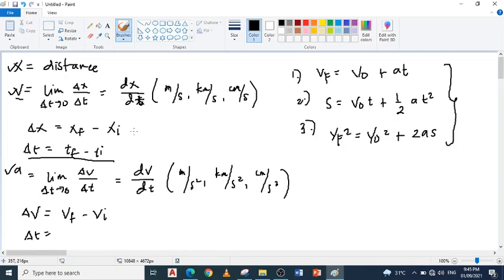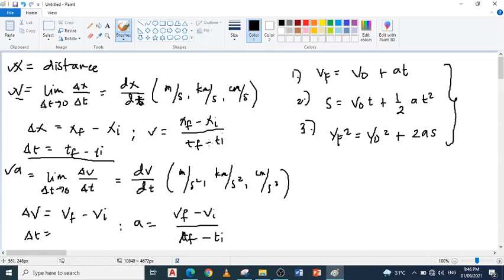So, meaning, yung velocity natin can be solved using xf minus xi divided by Tf minus Ti. So, pagdating naman sa acceleration natin is V final minus V initial divided by T final minus Ti.